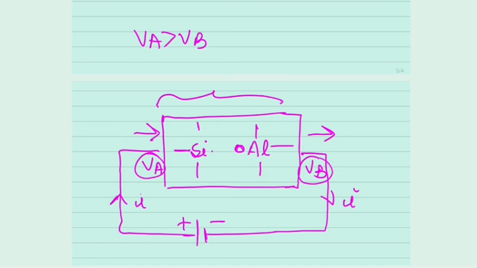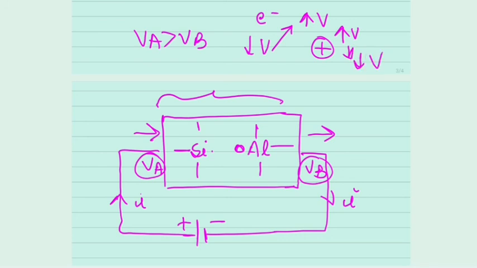So here it is a greater potential and here it is a lesser potential. Now we know what is the tendency of the electrons. The electrons always move from the lower potential to the higher potential, and the positive charge carriers will always move from the higher potential to the lower potential.